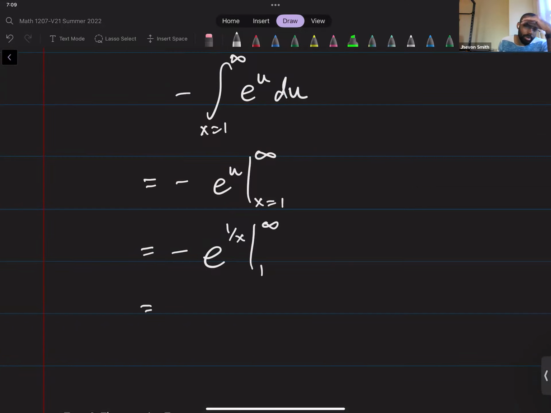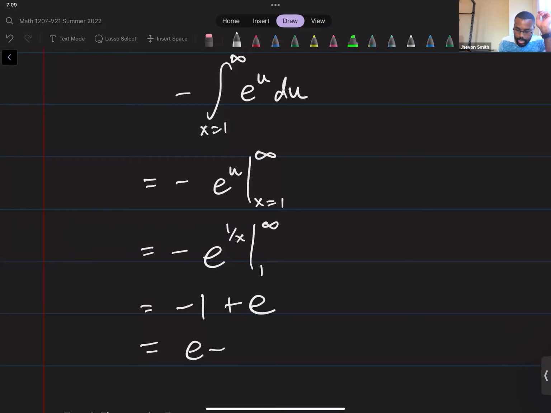Now, technically, this is an improper integral. I should be saying, oh, limit as x approaches infinity, right? But at this point, we're just going to do it very informally. If you plug in infinity for x, you get e to the 0, which is 1, and then minus, which means you plus, you plug in 1, you get e.